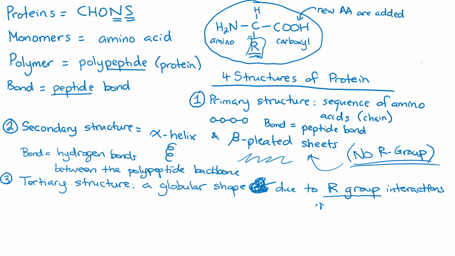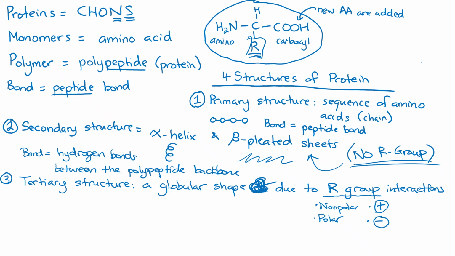Again, hydrophobic, and that's non-polar. Hydrophilic, polar. Remember, polar is the partial positive, partial negative of a molecule. And then we have positive and negative charge, very different from the polar. This is totally positive and this is totally negative.